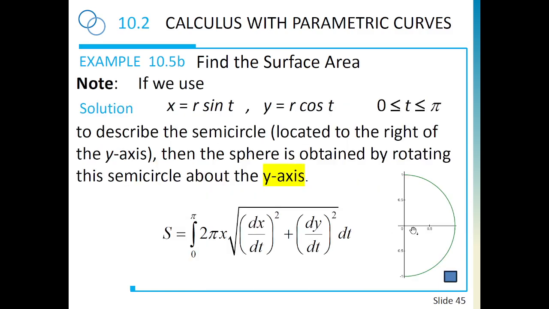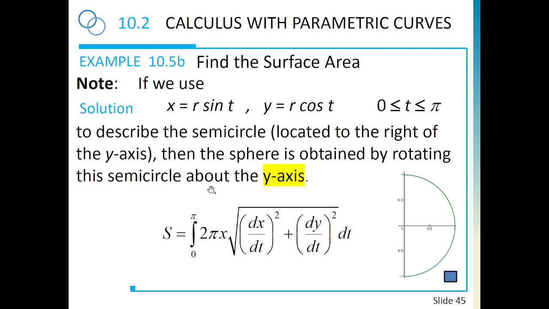Now you can generate a sphere also if you take a semicircle that is a little bit different. So if, instead of having x equal cosine, I have x equals sine t and y equals cosine t, then in this case we start from the point 0, 1 and we end up here. So we have a different semicircle. To get the sphere, we need to rotate this semicircle around the y-axis.